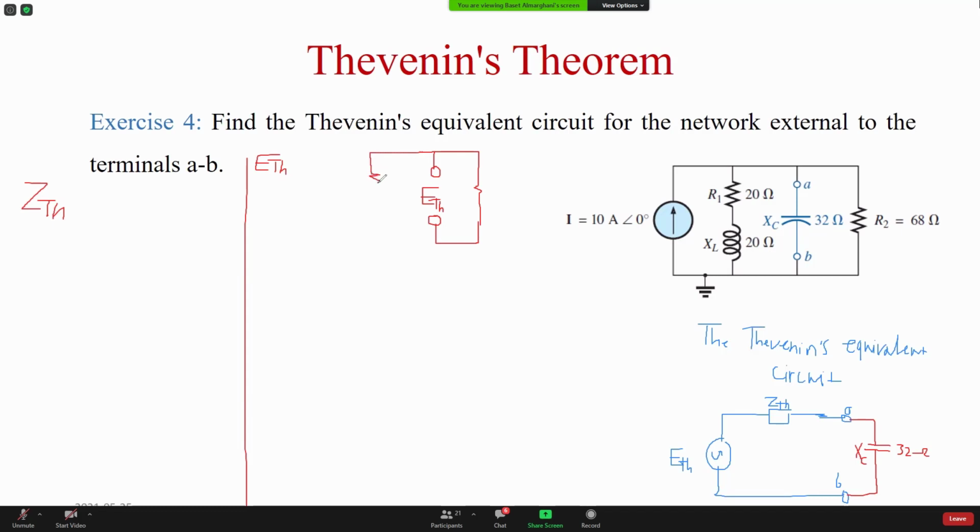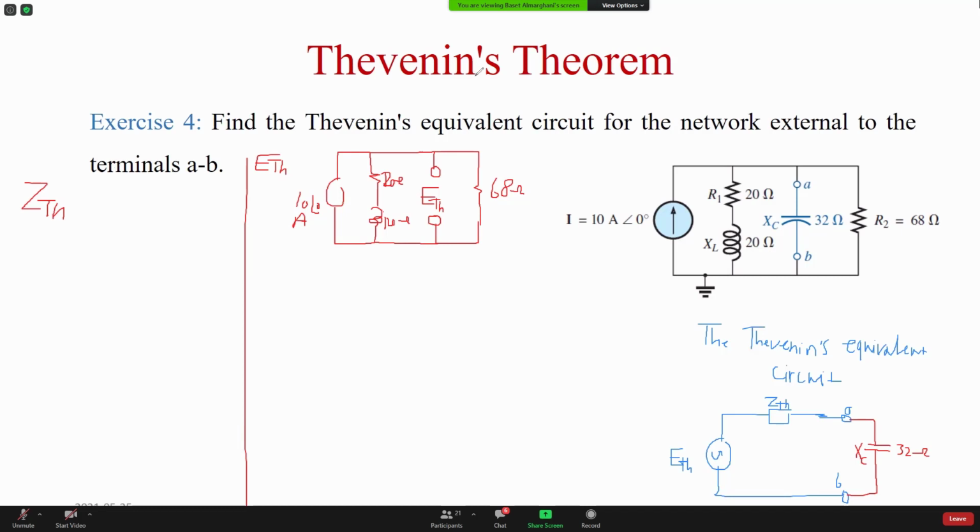It's actually easier in the lab, except that you have to find the angle if it's AC, so you have to use an oscilloscope. 68 ohm. No, this is 20 ohm. And this is J20 ohm. And this is the current source, 10 angle 0 ampere.